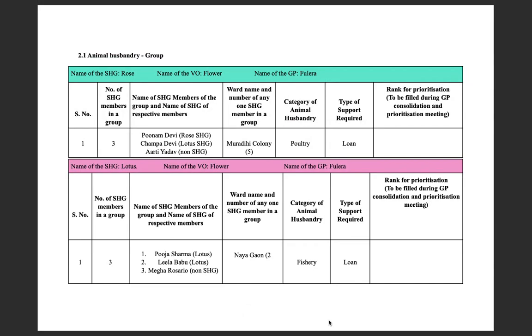When we go and do its VO summary sheet, we will do it a bit differently from how we have done it for farming. In the scenario of animal husbandry, we will take both the demands of the individual and the group demands that have come under the SHG sheet. Like here, one group wants to take up animal husbandry from Rose SHG, and one group wants to take it up from Lotus SHG.